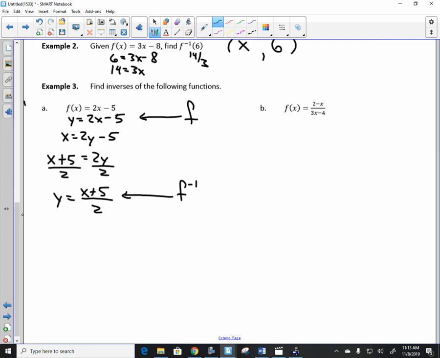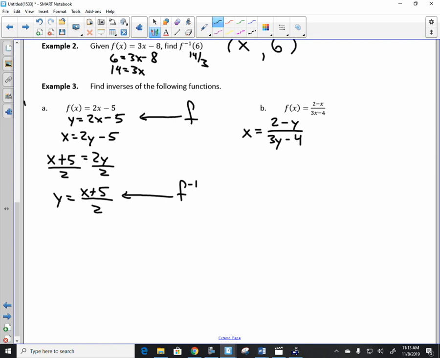What's different about letter B? Got a fraction, and I end up with 2 y values instead of 1. How are we going to solve that? What are you going to do?